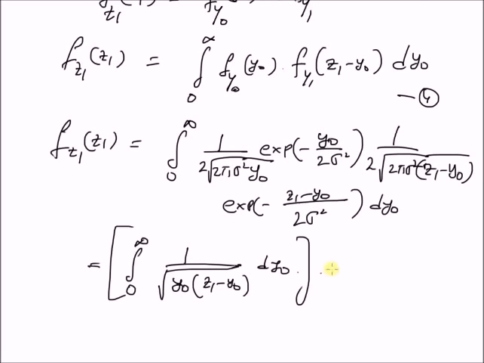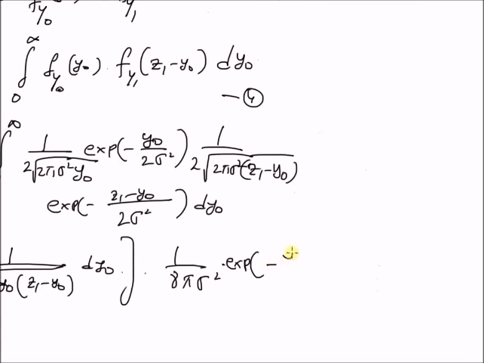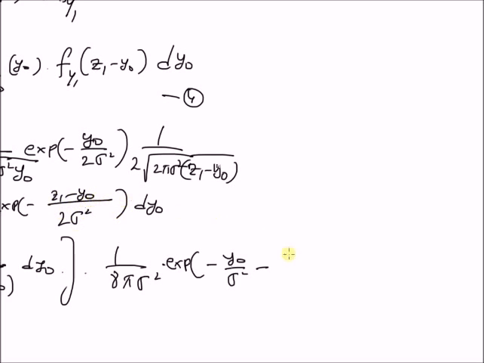And the rest of the terms are 1 by 2 into 2 is 4, and the square root of 2 into the square root of 2 is again 2, and we have pi. So this is 1 by 8 pi sigma squared multiplied by exponential of minus y0 by sigma square minus z1 minus y0, that is z1 minus y0, divided by sigma square.